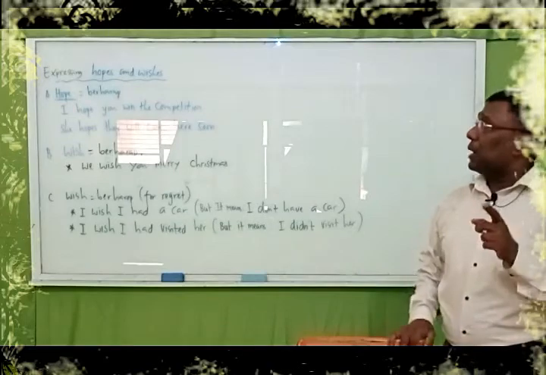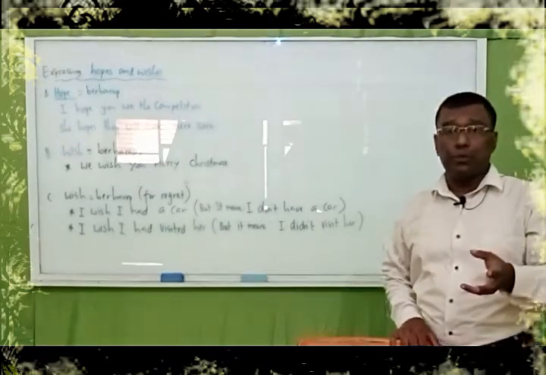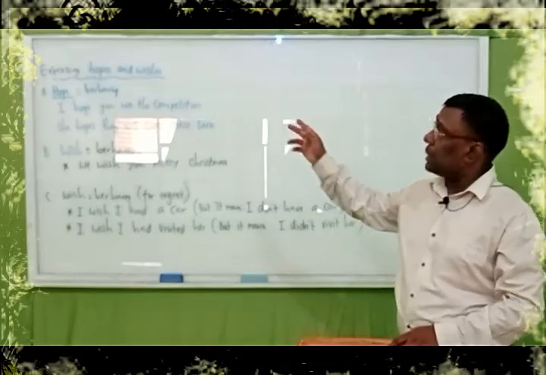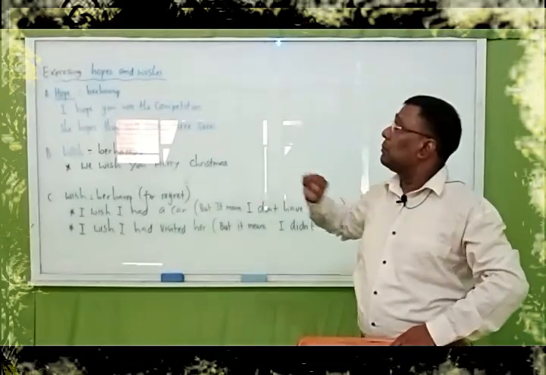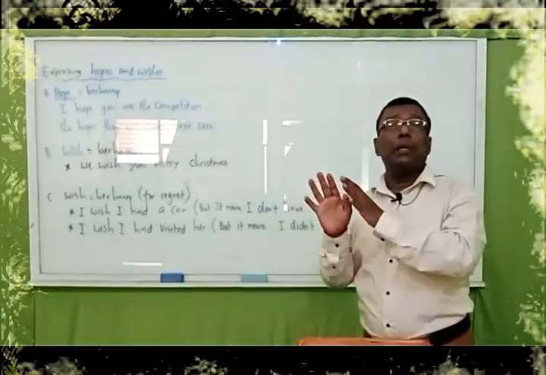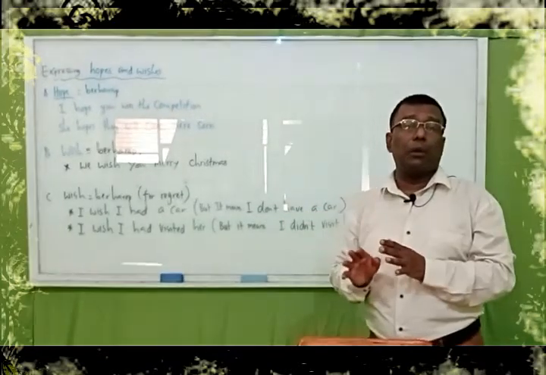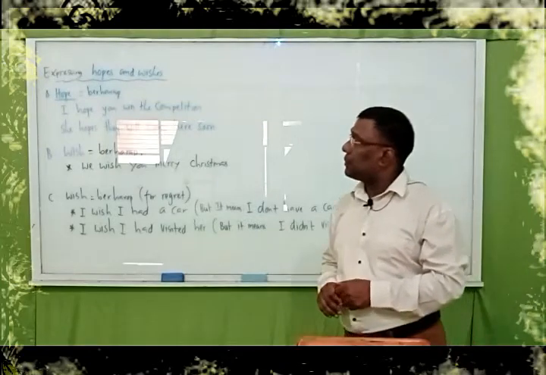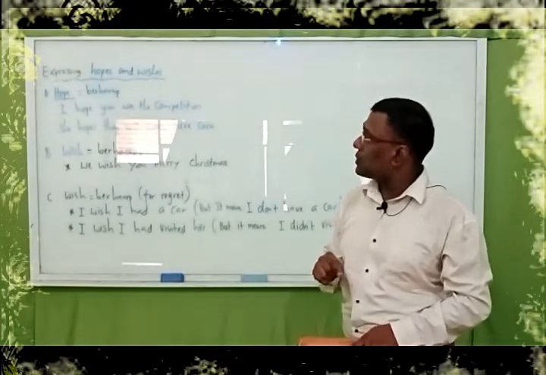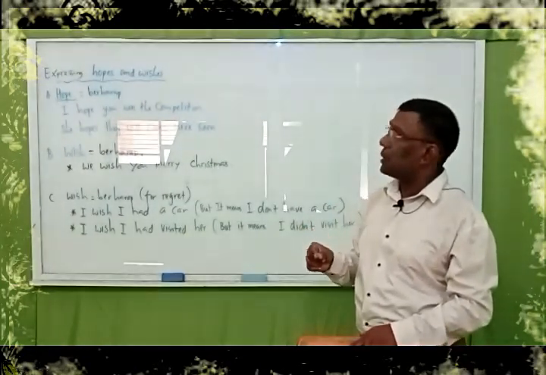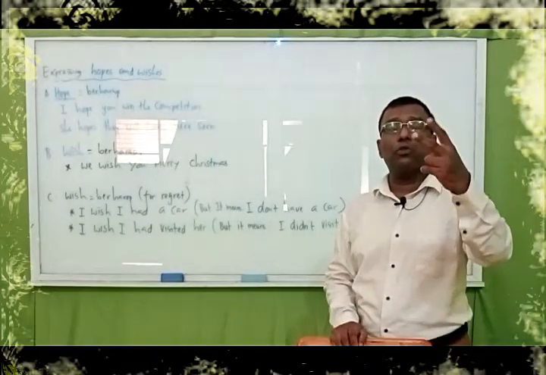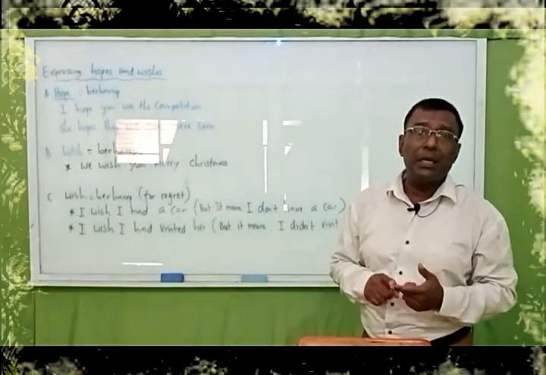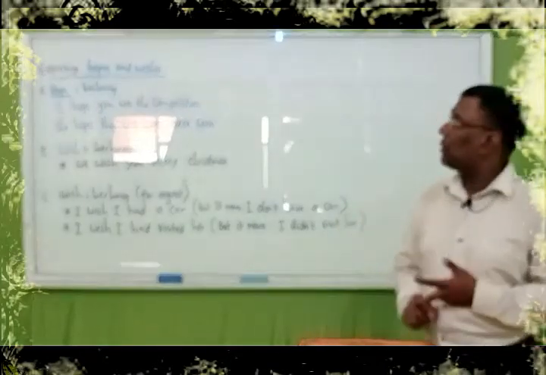The first one is about hope. As you can see, I have written the meaning there. It's not really the same, but it has a close meaning. I have written 2 examples. I hope you win the competition. So there are 2 sentences: I hope, and then you win the competition.